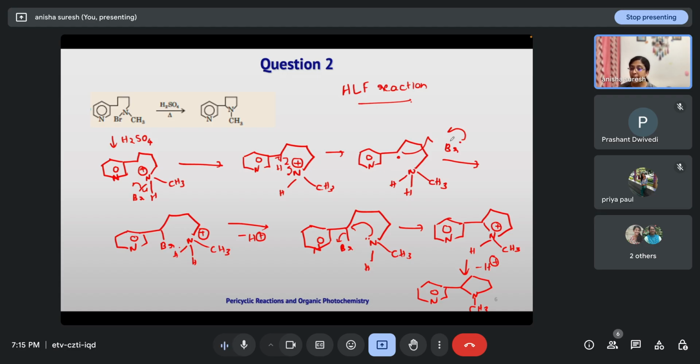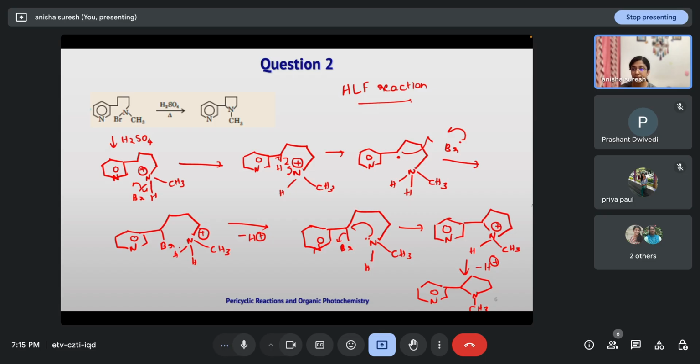This radical can combine with the Br radical. It will lead to formation of this intermediate. Then in the presence of some base, this positive charge on the nitrogen will be neutralized by abstraction of the proton. Then the lone pair will be free. It can attack on this center in SN2 fashion, leading to bromine elimination. Then it will result in the formation of this intermediate. This upon deprotonation will give the final compound.